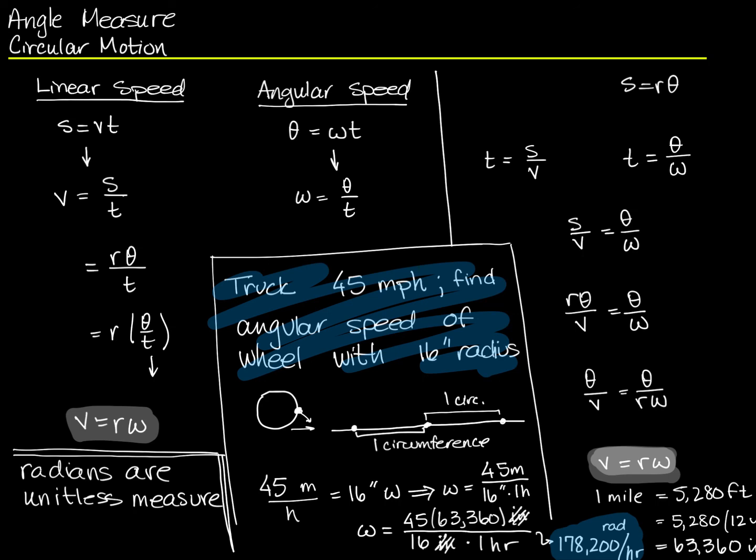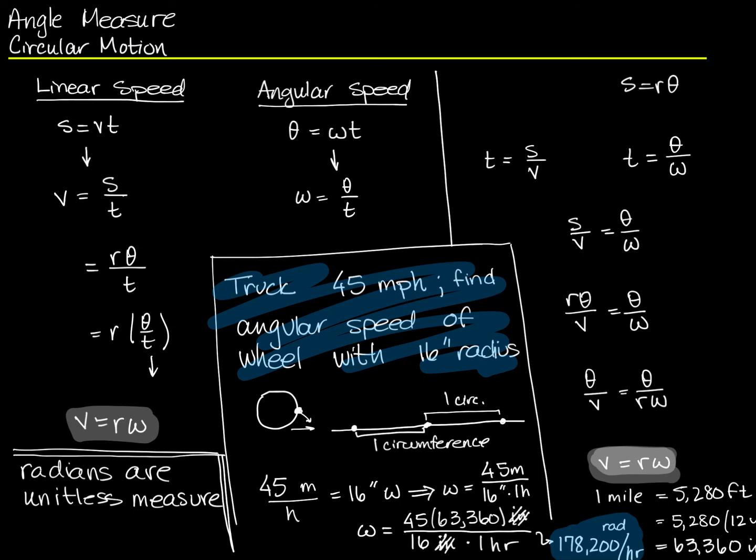There's no unit involved, but it had to do with the linear speed, the conversion of feet to inches, all that linear conversion that we did. Omega was that many things per hour, but omega is always measured in radians per time. So we don't have a radian written in here, but if there's no unit at all in a case like this, then we know that unit is radians.